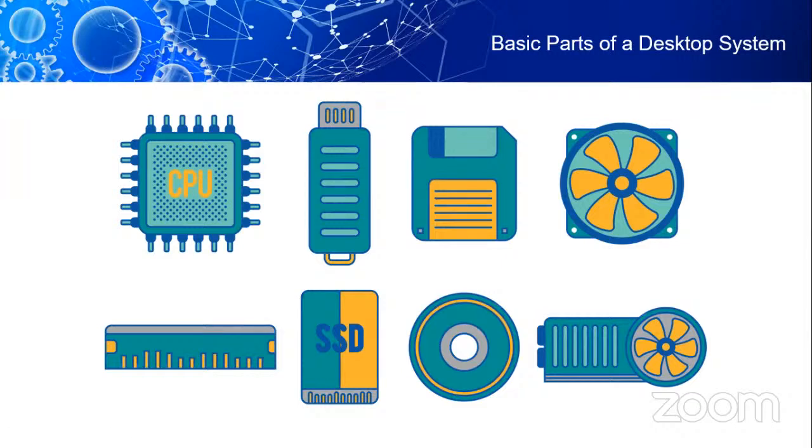Well, this is the hard disk, the solid-state drive, SSD. The other one is memory, and the compact disk. And the last one, what is this one? There's a fan attached to it.